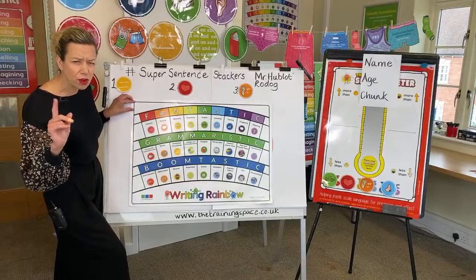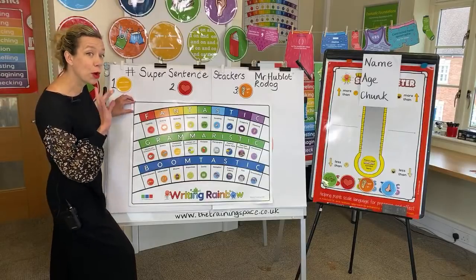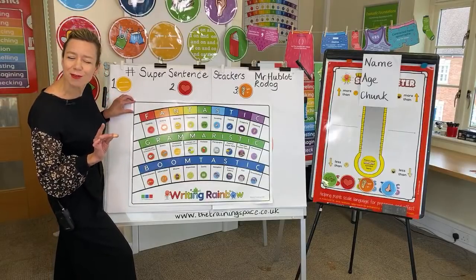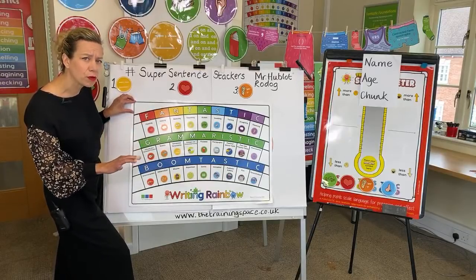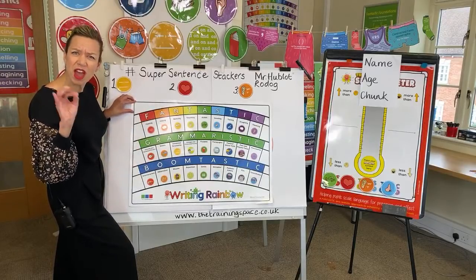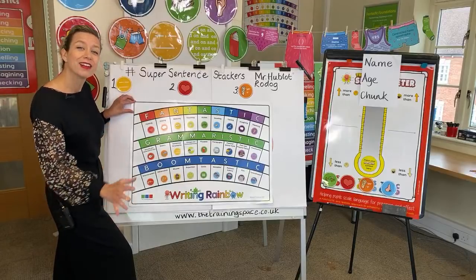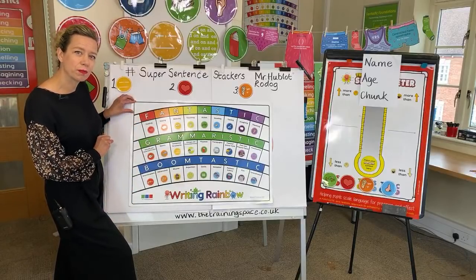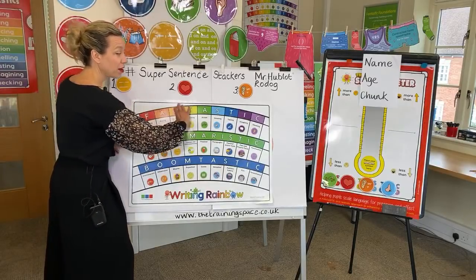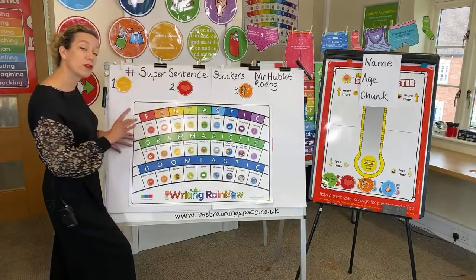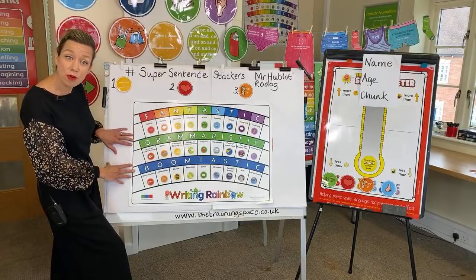Don't worry if you've not seen this rainbow before. I know many of you have got it already in your school, but don't worry if you've not seen it before. You can still be a fantastic writer in the Sentence Stackers classroom. But Mrs C will ask you to build an idea into your story from one of the 9 ideas for writing.